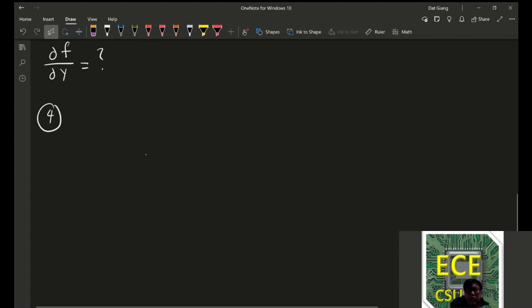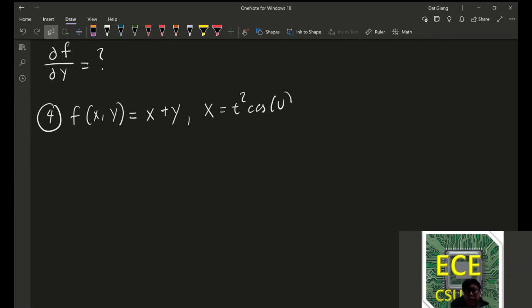Finally, we will explore the chain rule. Suppose you're given a two variable function, and let's say it was given by x plus y, just to keep it simple. But x is dependent on t squared cosine of u. y is dependent on t cubed plus sine of u.